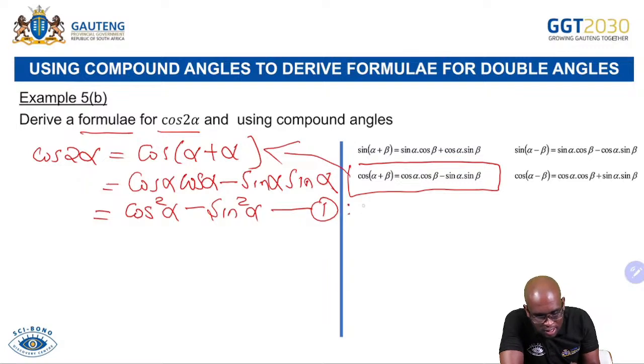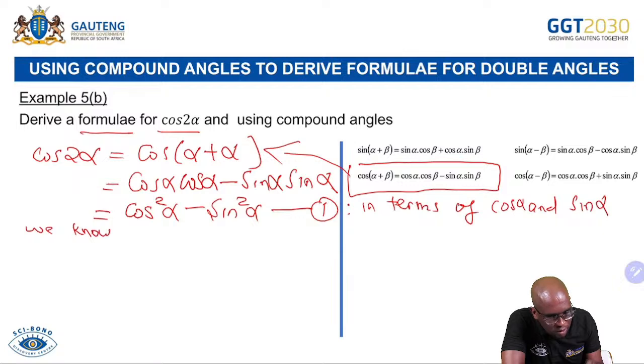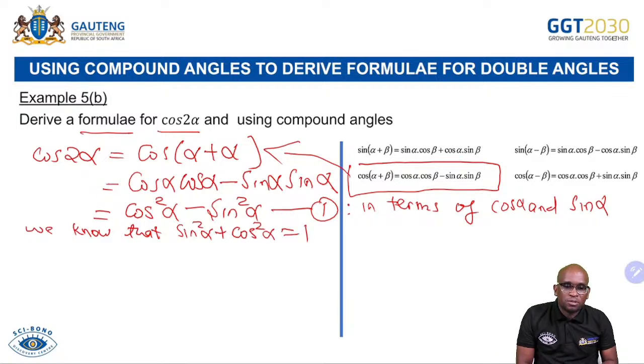This is written in terms of cos alpha and sine alpha. However, we also know that sine squared alpha plus cos squared alpha is equal to 1. That we know from grade 11.